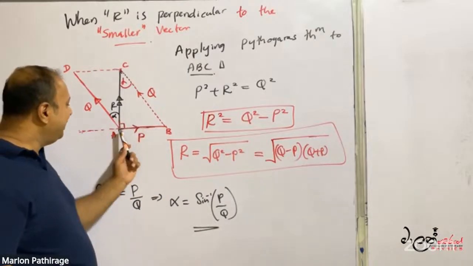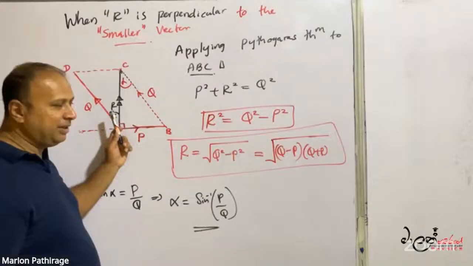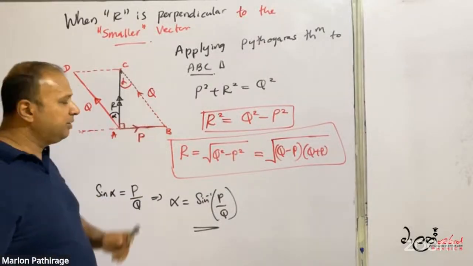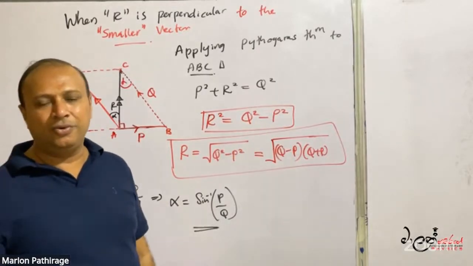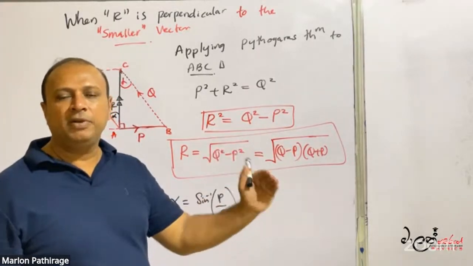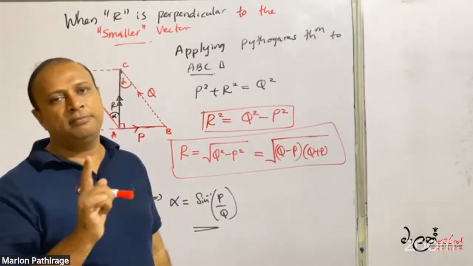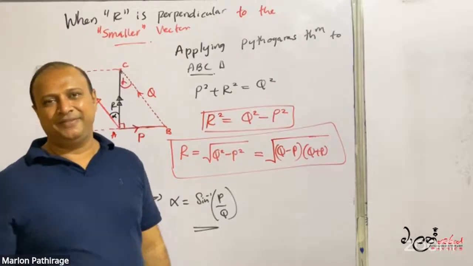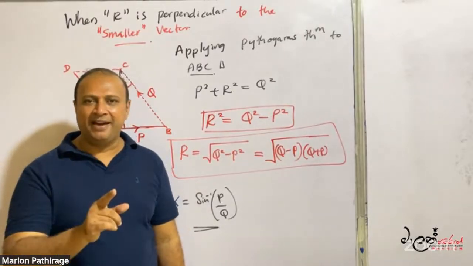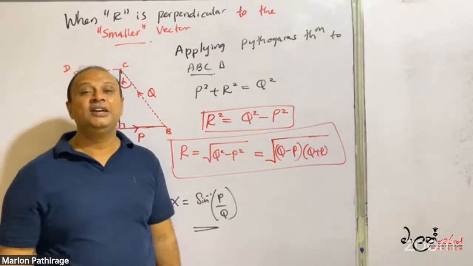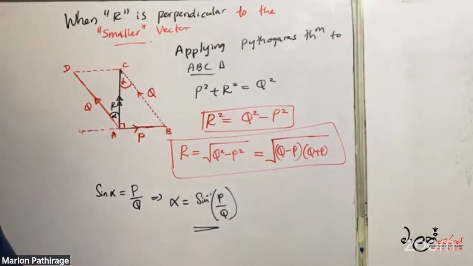Therefore, any of these two vectors, that means R or P, cannot be perpendicular with Q. Therefore, R cannot be perpendicular to the larger vector, but it can be perpendicular to the small vector. You have to remember that. Okay. Write down this thing.